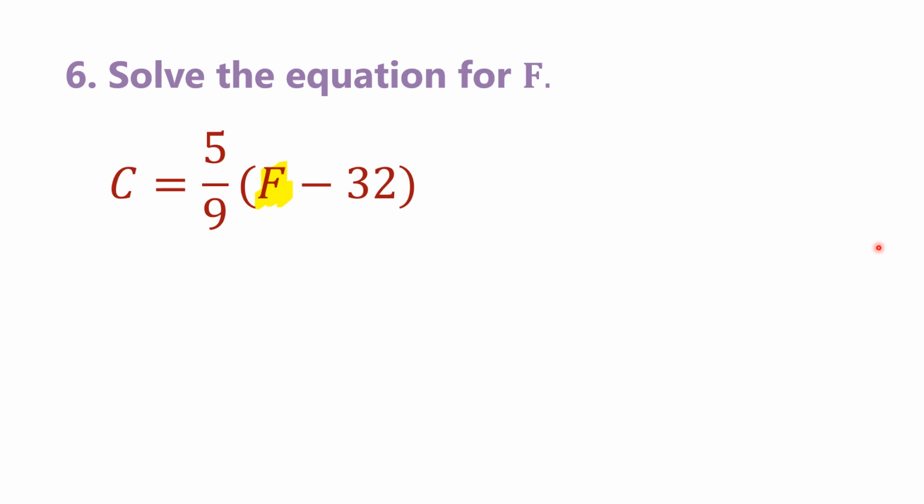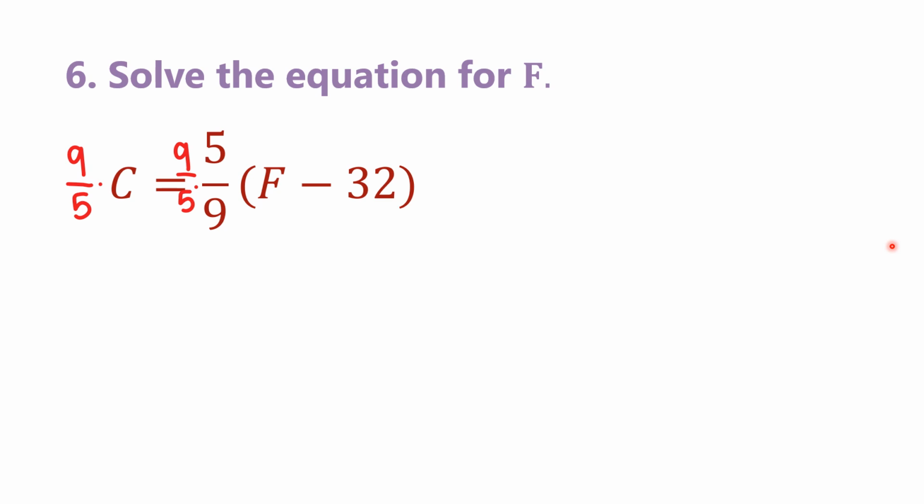Y'all might remember this from your last algebra class, but if you want to move a fraction to the other side, you can multiply both sides by its reciprocal. So you can multiply both sides by the reciprocal of that fraction to cancel it out. So I'm going to multiply by 9 over 5, multiply by 9 over 5.